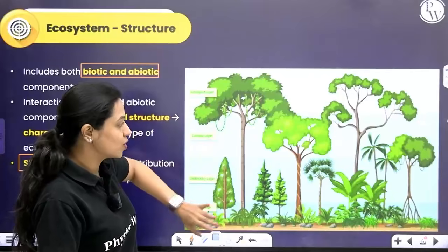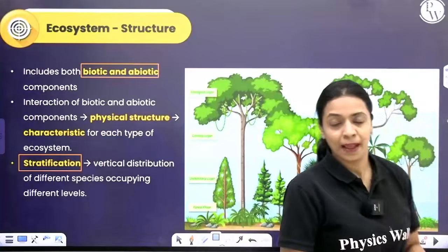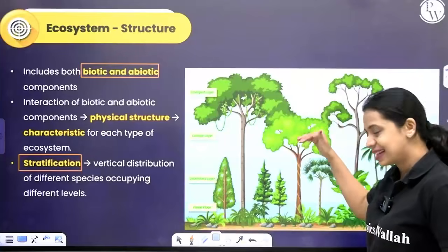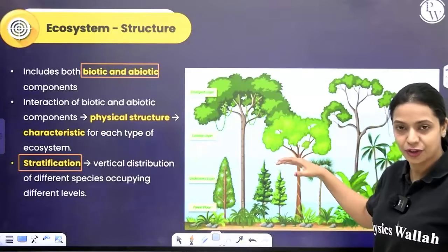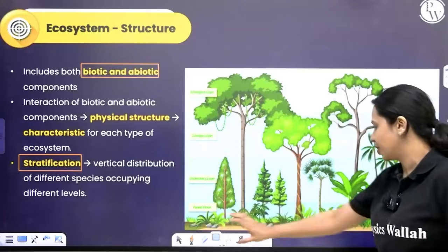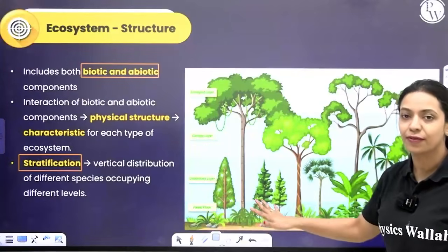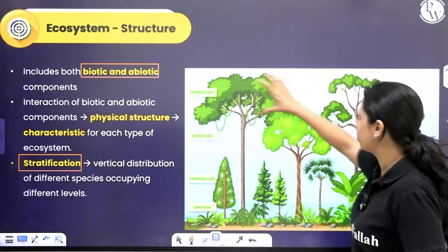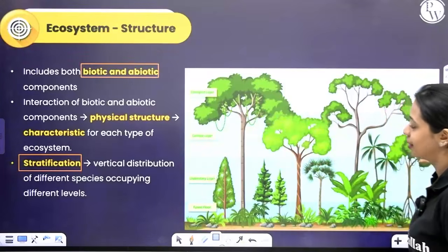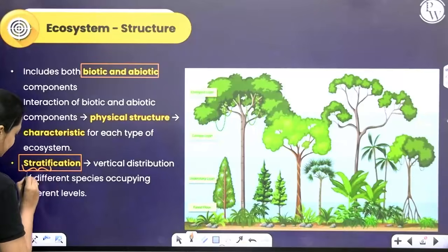There are huge trees that grow very high, and then there are trees that are slightly shorter, and then trees that are even shorter, then plants that are even shorter, then vegetation like grasses and little plants and herbs towards the surface of the soil. So you have vertical zones forming like this. Strata means layer, right?